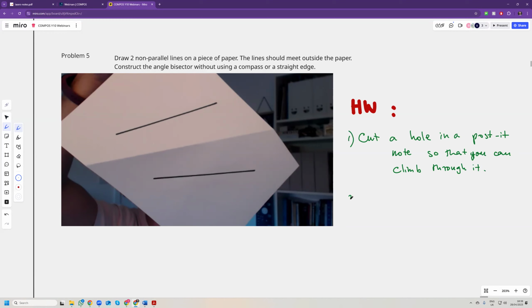And secondly, the second part is an extension task. Extension task: cut a hole so that a very well-behaved elephant can climb through it.